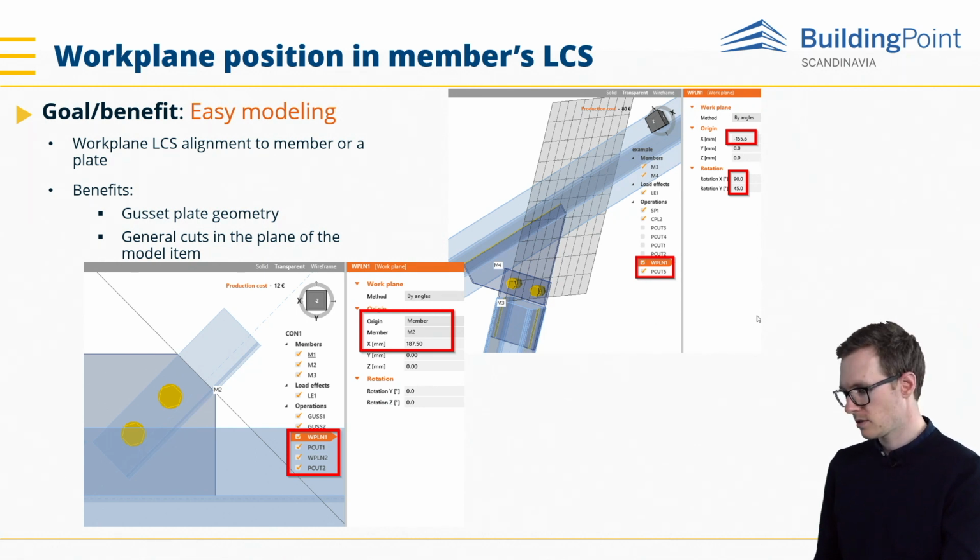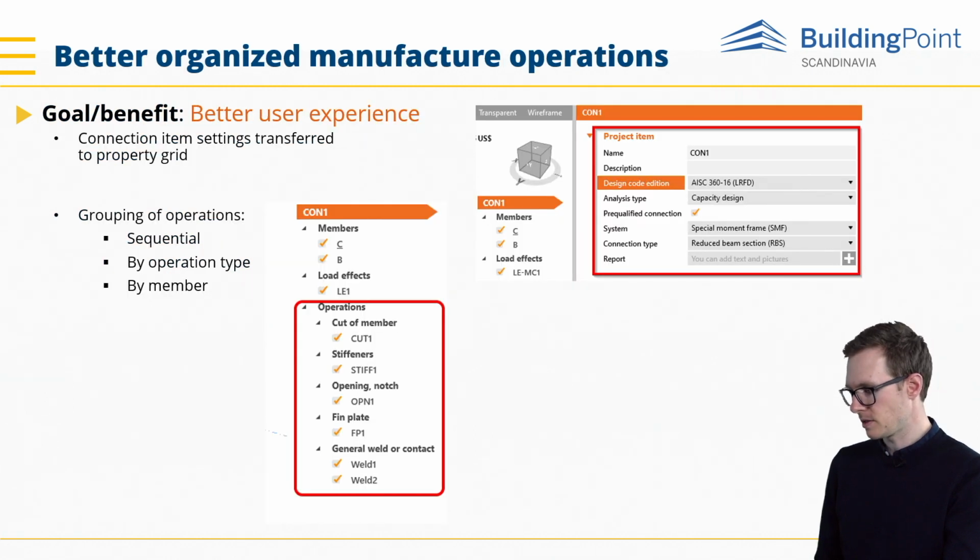So the next few slides are also about improvements in the modeling. It's now more intuitive and faster. There has been a facelift in the manufacturing operations and also in the project item field. So if you want to change the analysis type, you can do that now in the project item field.